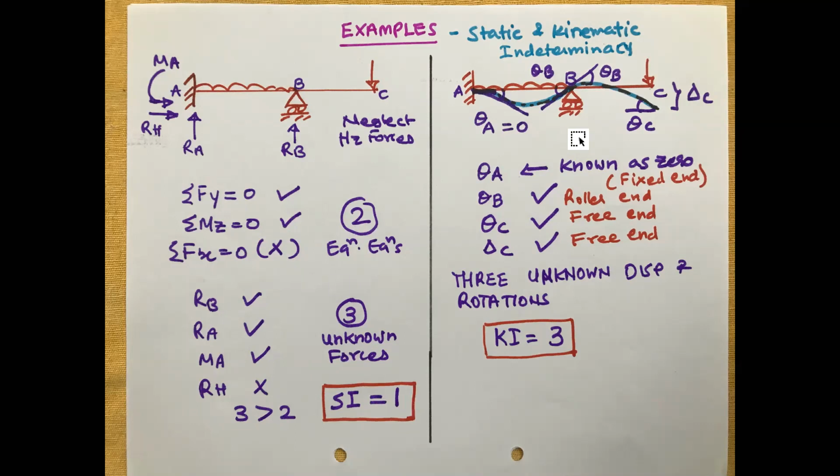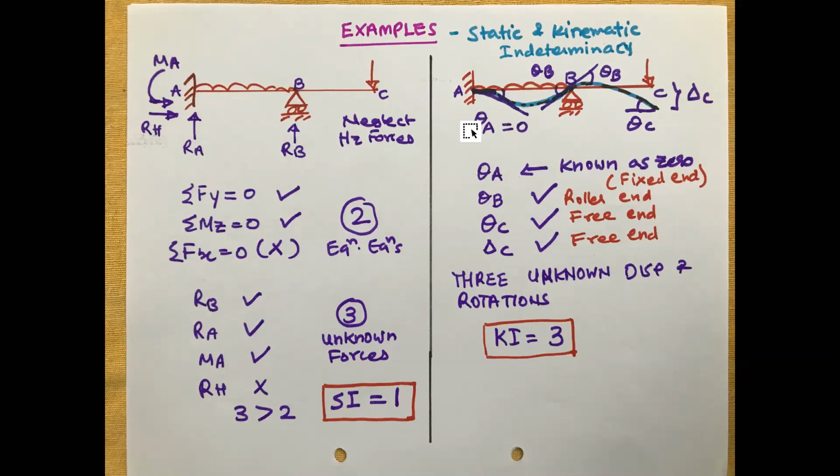Now kinematic degrees of indeterminacy, as I told you, when joint deflections and joint rotations are of importance to us, I have to calculate the kinematic degrees of indeterminacy for that beam. In this beam, this is a fixed support where theta A and delta A, deflection and rotation, will be 0.